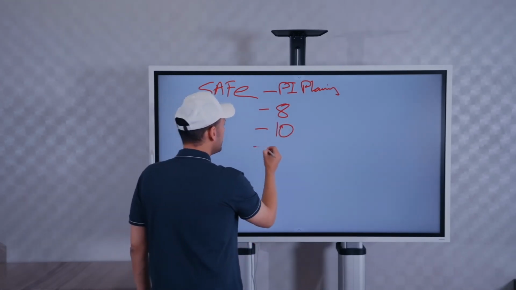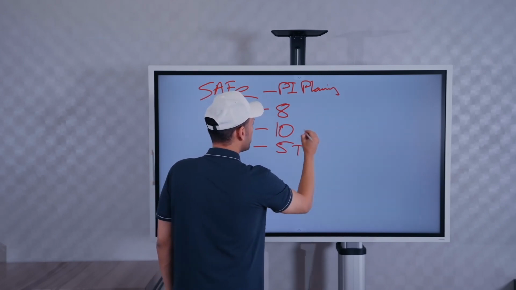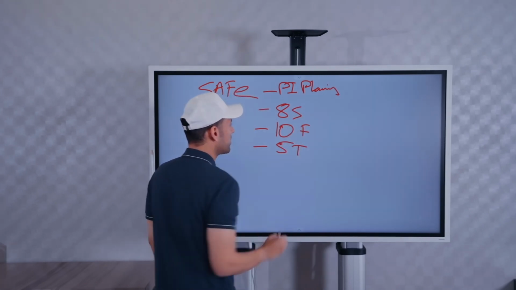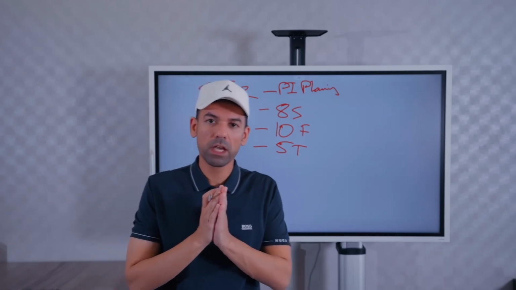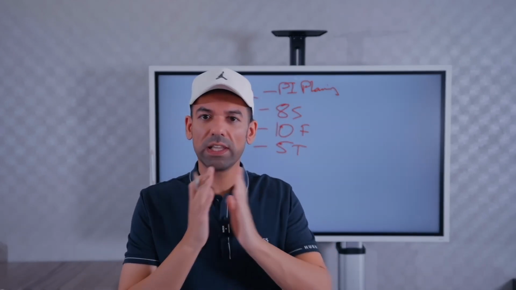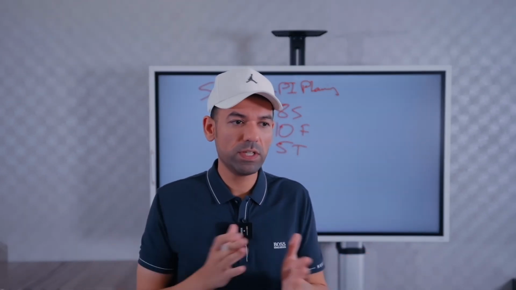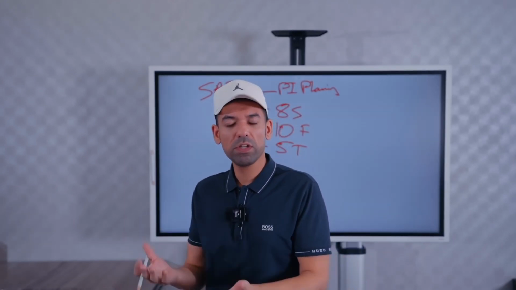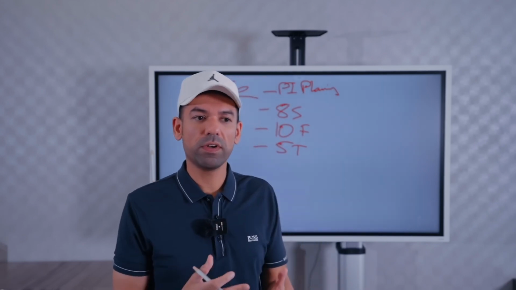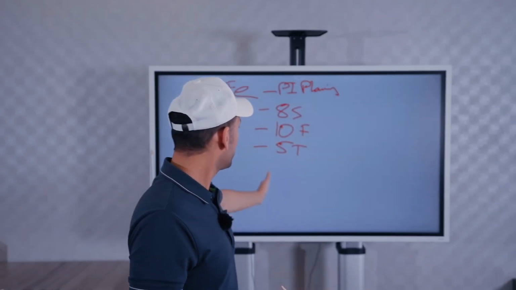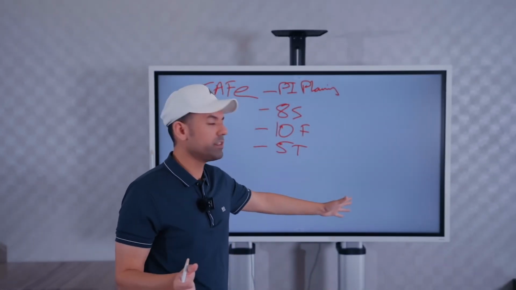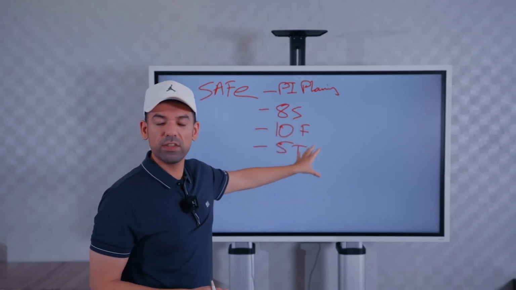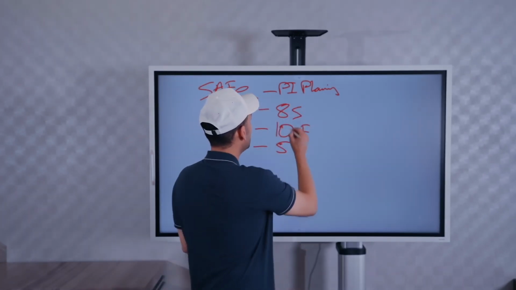How many teams did we have? 5 teams. 5 teams and 8 stakeholders. We need to collaborate with all these people. We need to align with these people. We need to be able to communicate with these people. We need to come out with a plan of attack for the next 3 months so everyone is aligned. The only way this is possible is through PI planning.